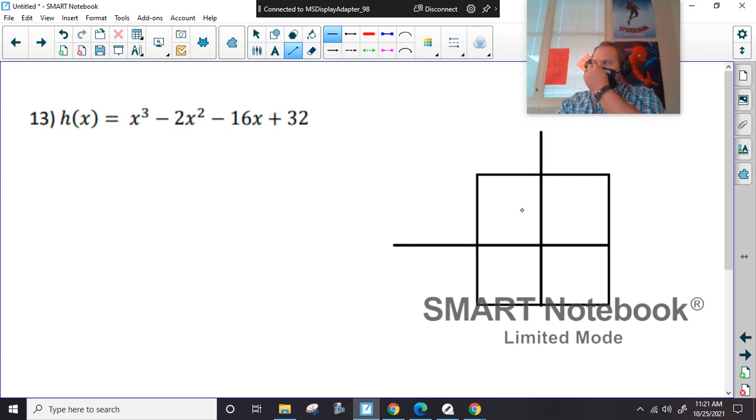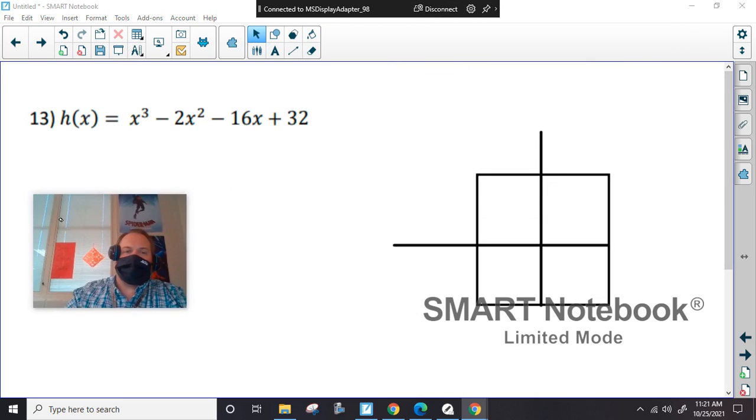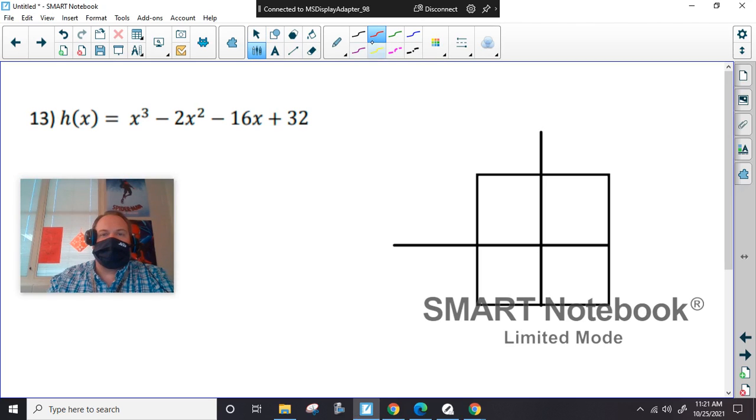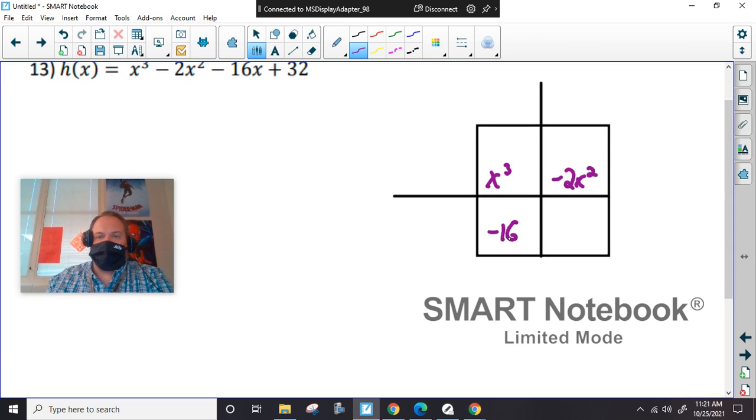I will do this method for this one, and the other method, factor by grouping, for the next one. Now I've put them in those boxes. We'll do the other method for the next one.